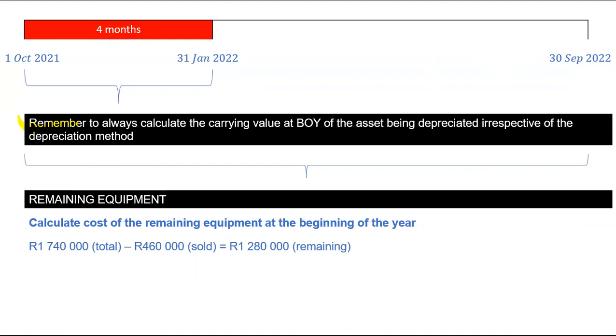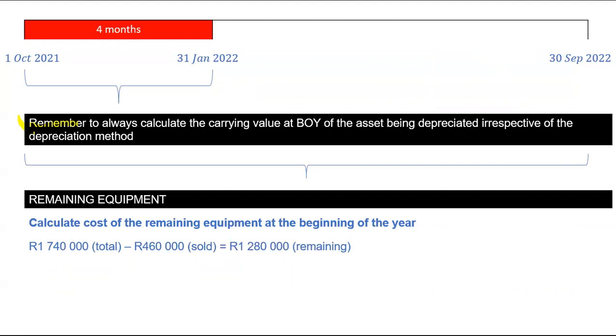Now let's go to accumulated depreciation. Accumulated depreciation at the beginning of the year was 651,000, remember? But inside that 651,000, remember, we are not on the 31st of January. We are on the 1st of October. Don't be confused here. On the 1st of October, the total accumulated depreciation was 651,000. But on that date, the accumulated depreciation of the equipment that was destroyed was 138,000.